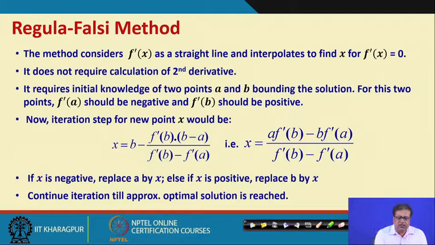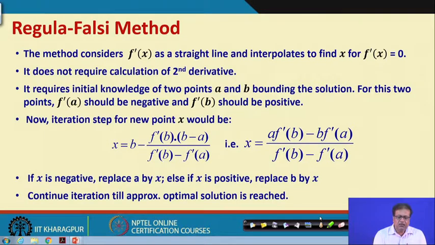So, this is the interpolation equation that we have, that x equal to b minus f dash b into (b minus a) divided by (f dash b minus f dash a).